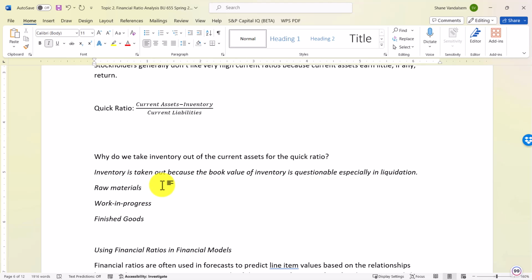Usually, though, when we've got a manufacturer, the raw materials, the value on the books of that inventory is actually closest to the value you're going to get. Finished goods is in second place.